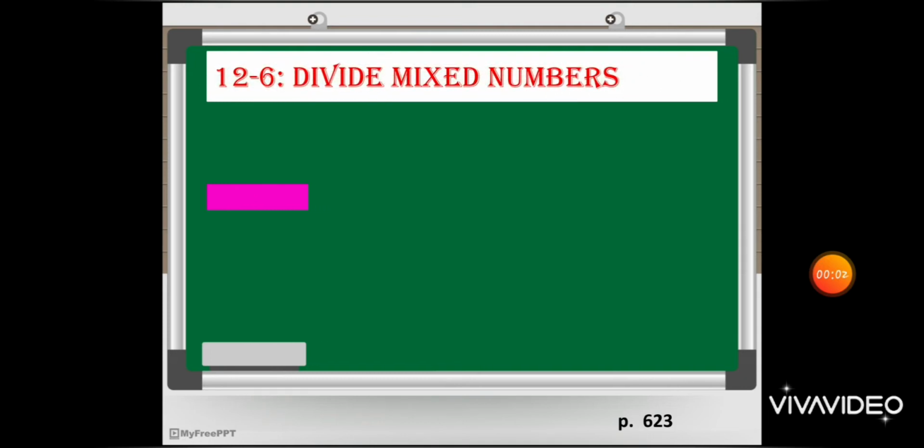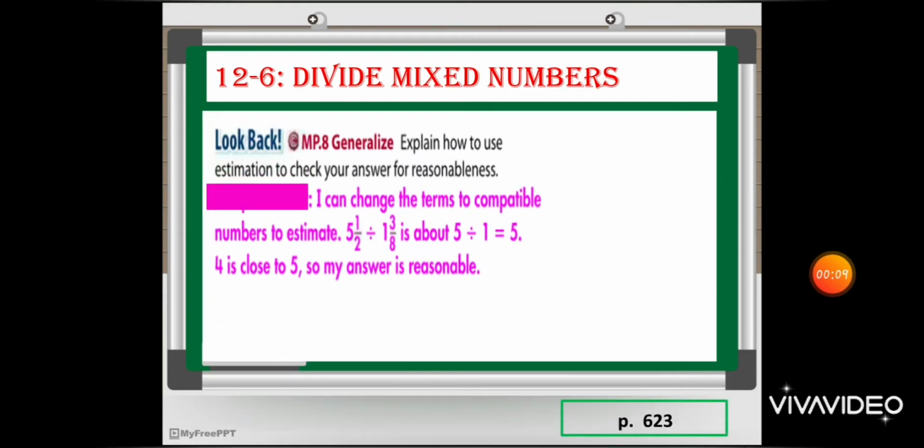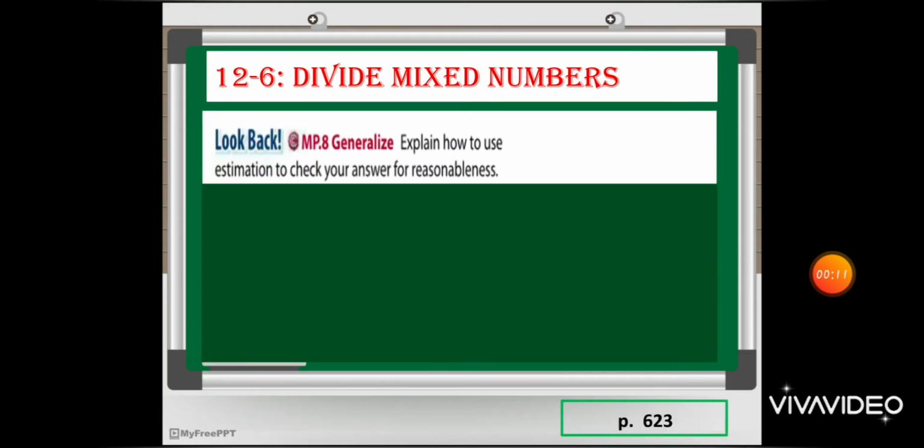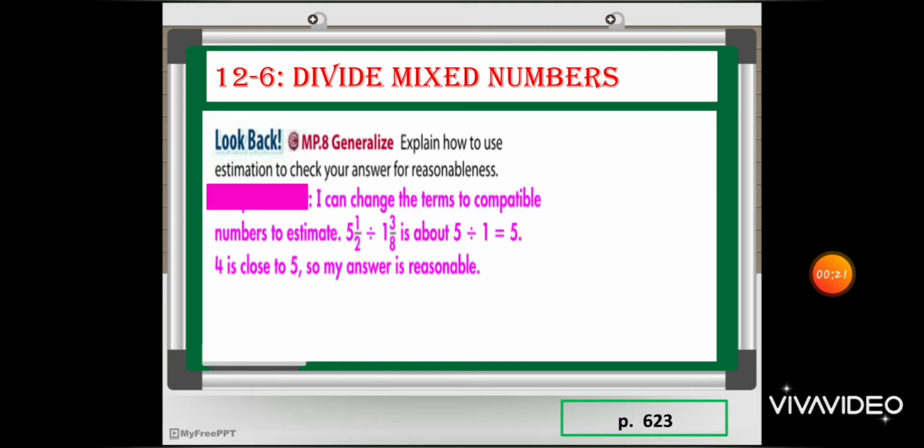Now, I want you to focus on the lower part of the page. That's the look back. Okay? We are going to explain how to use estimation to check your answer for reasonableness. What do you think is the reason why we have to estimate? Well, this is the answer, guys. I can change the terms to compatible numbers to estimate.